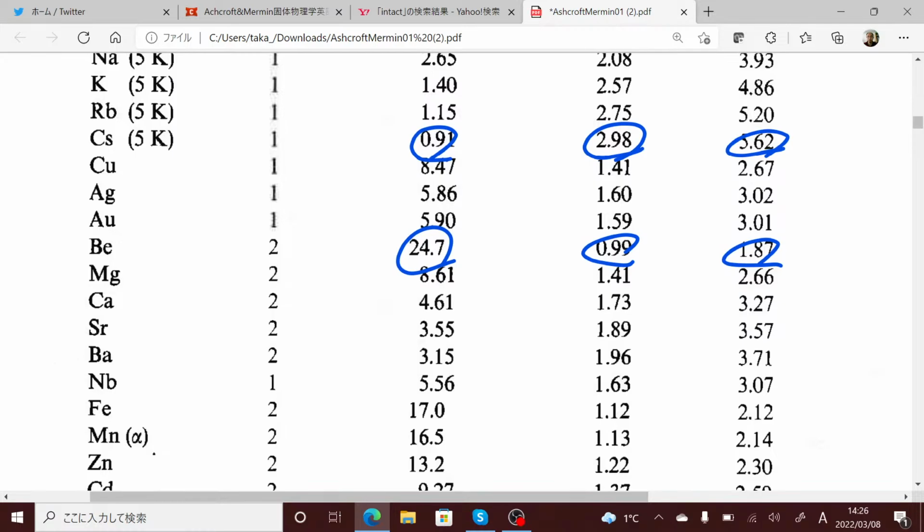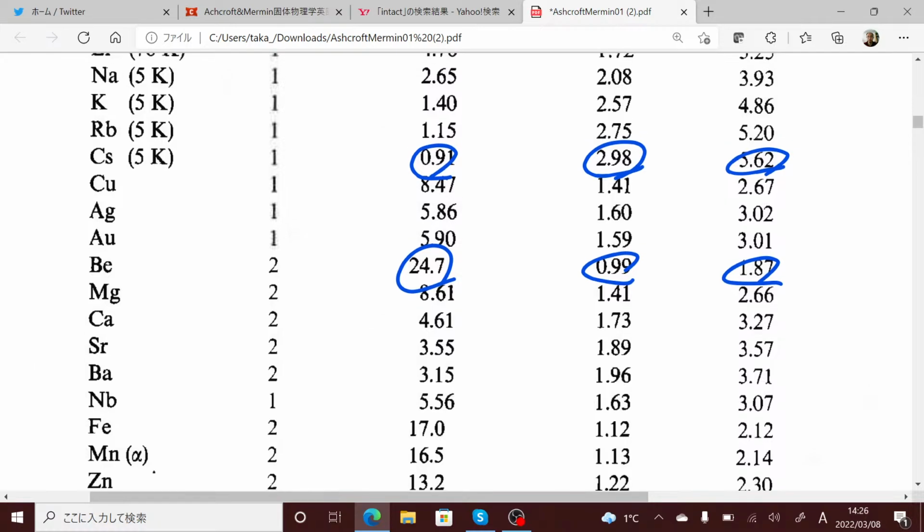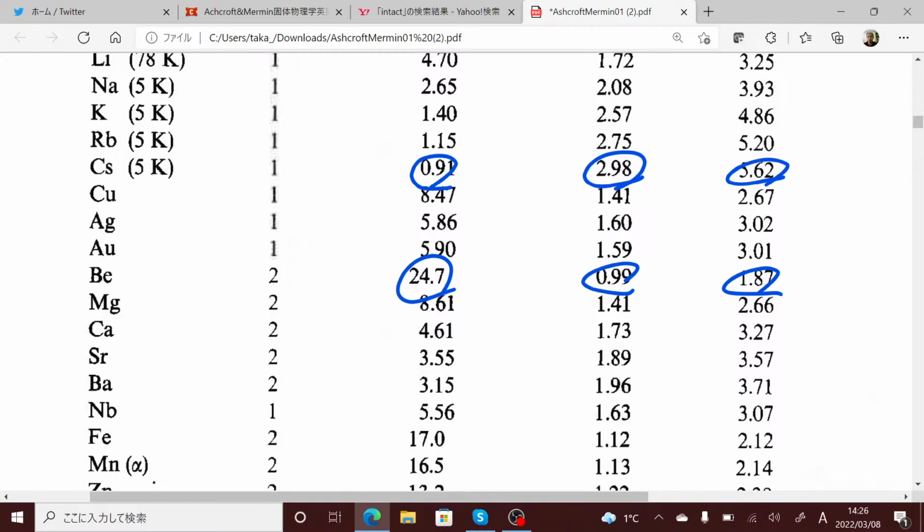Barium, strontium, niobium, calcium, magnesium, beryllium. Oh, beryllium is very small.